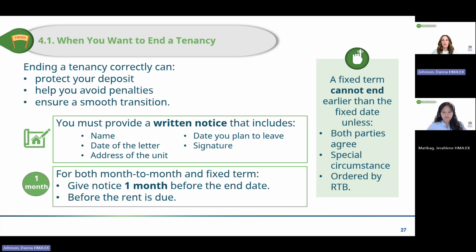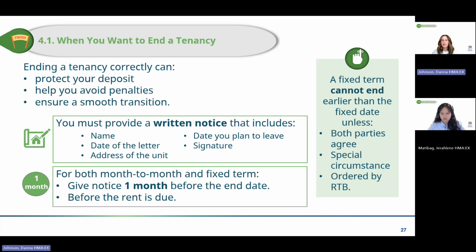We get a lot of questions from renters who want to move out before their lease is up, which is tricky because you signed a legal document saying you plan to stay for a specific amount of time. If you're on a fixed term lease, it can't end early unless both you and your landlord agree, there's a special circumstance like you're fleeing family violence or you've been assessed as needing to move to a healthcare facility, or if the RTB orders it.